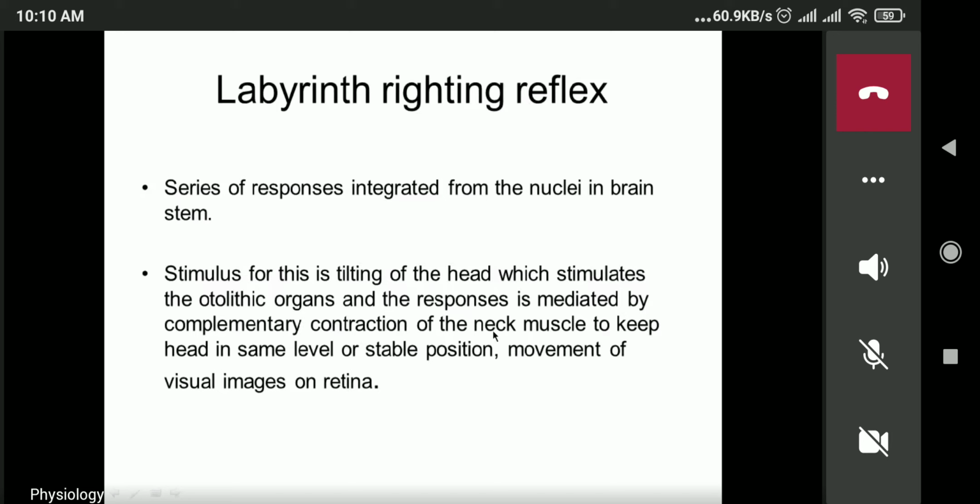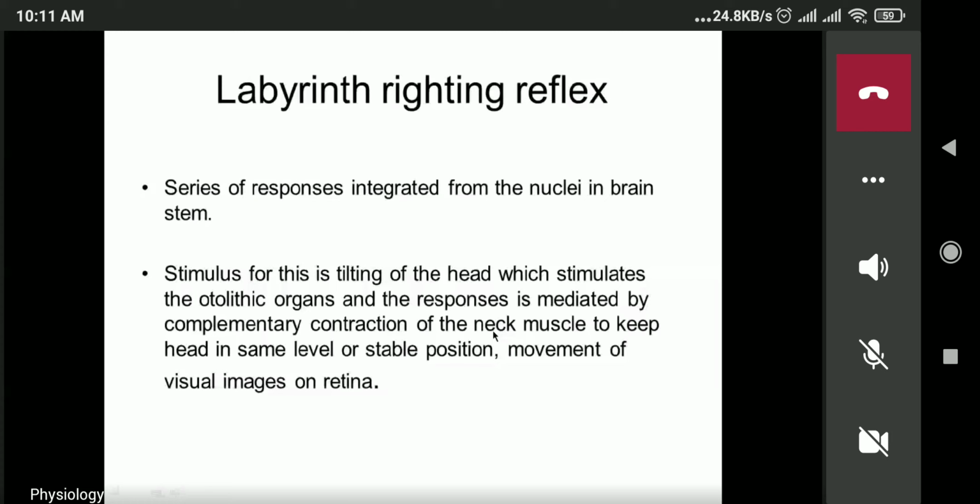Another thing: visual images fall on the retina in a normal way, but when we slip, the reflexes from the retina are also there. The visual image comes to the retina, and some components go to the brainstem also. Not all components go to the occipital lobe for vision.